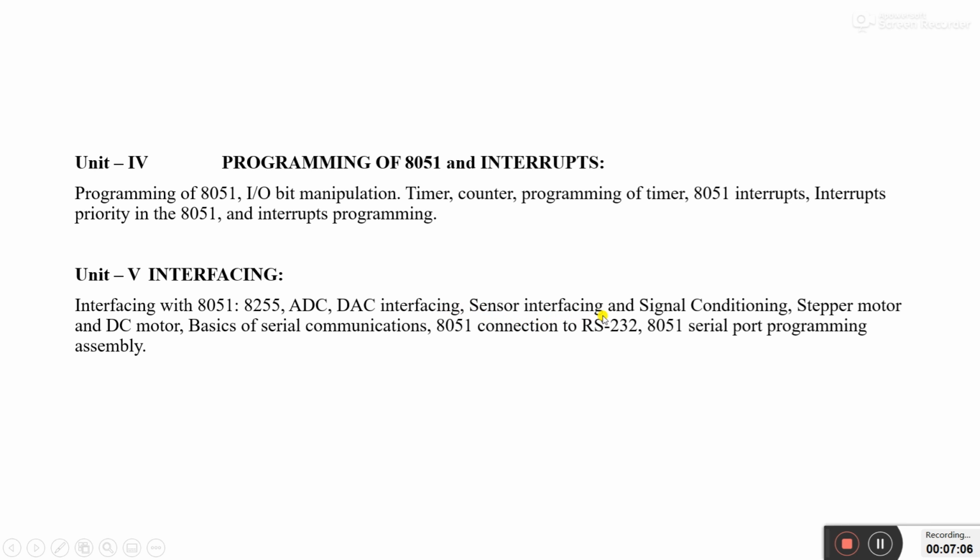We will also learn sensor interfacing and signal conditioning, how stepper motors and DC motors are interfaced with the 8051 microcontroller, the basics of serial communication ports, 8051 connections to the RS-232 port, and 8051 serial port programming in assembly.